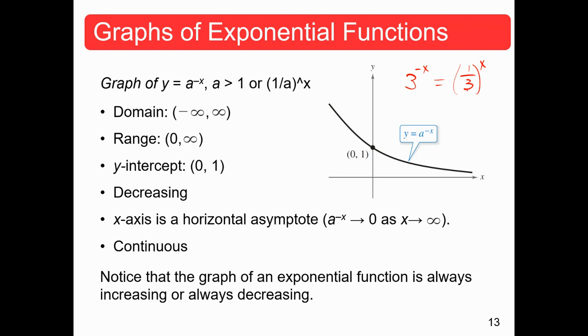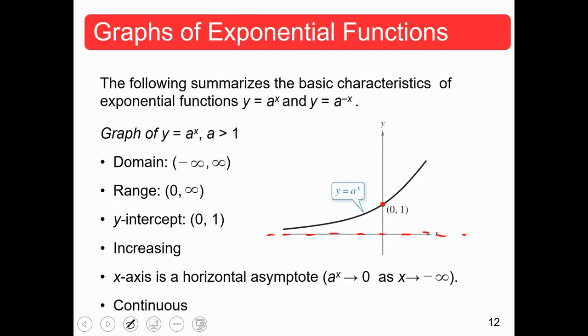So both of these mean the same thing. If a is a fraction, and it's less than 1, by the way, and actually this should be a less than 1, not greater than 1, then it's going to be a decreasing exponential.